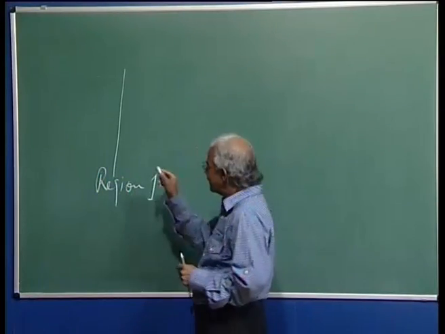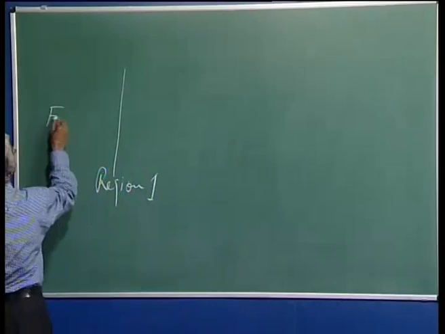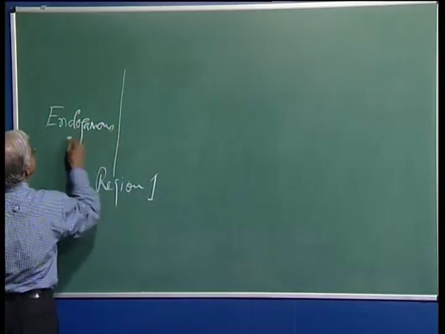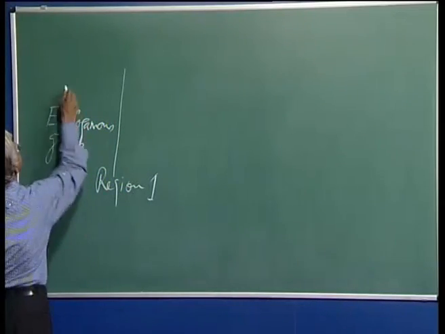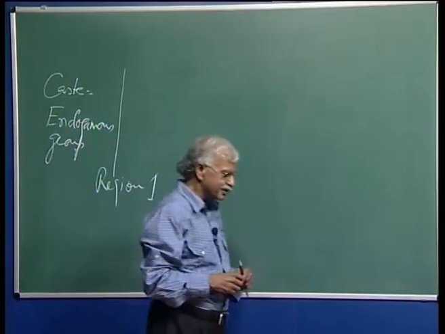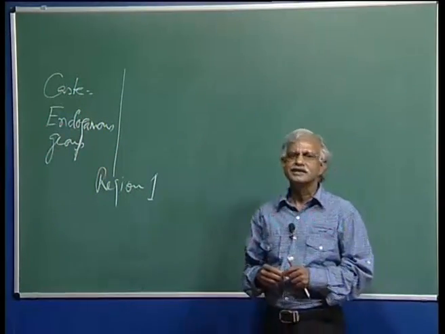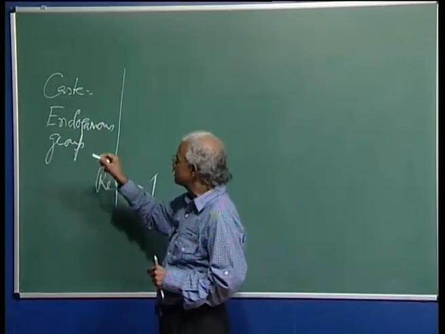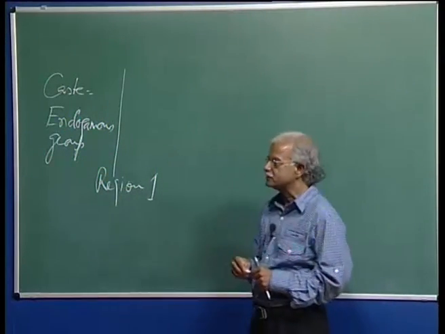Caste is basically an endogamous group, marrying within. There may be other associations, there may be some concepts of purity and pollution associated with this.